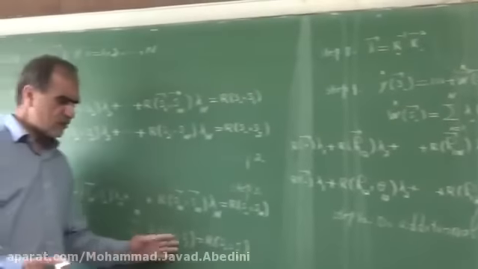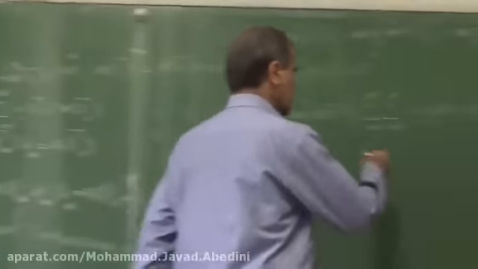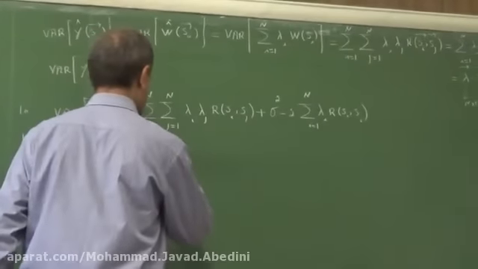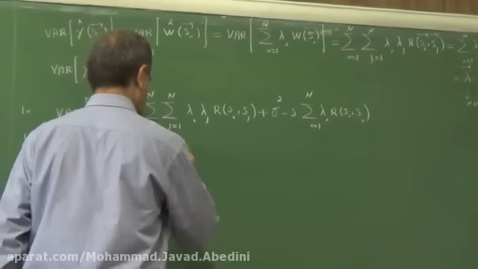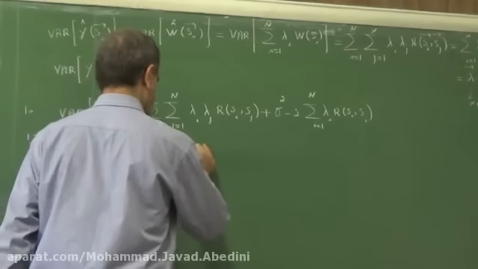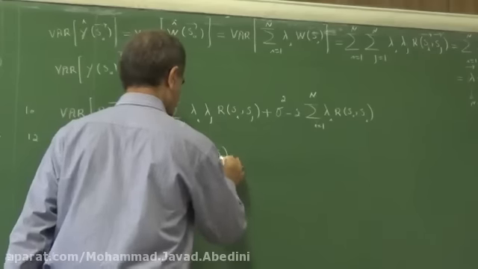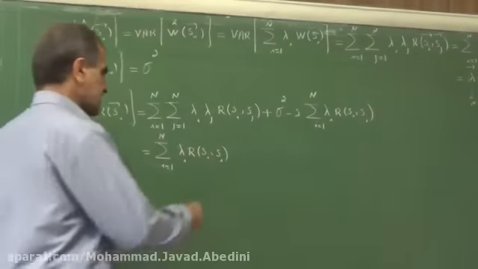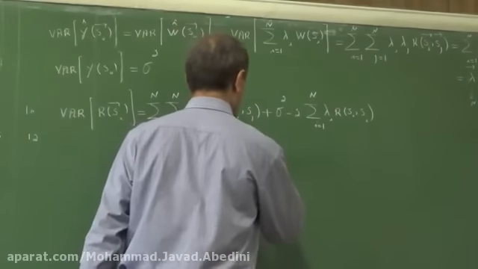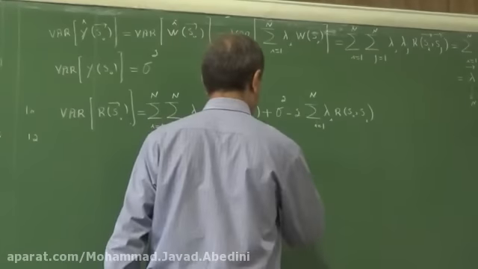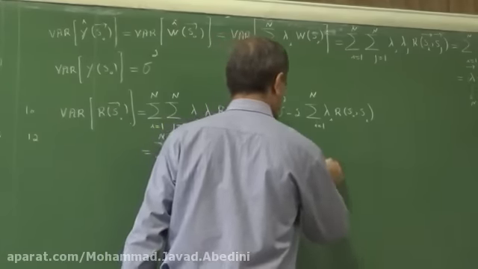You have to multiply both sides by lambda i, take summation, and then you will realize that you can replace this double summation by summation i from 1 to n lambda i r sub S0 Si, plus sigma 2 minus 2 times lambda i r sub S0 Si.